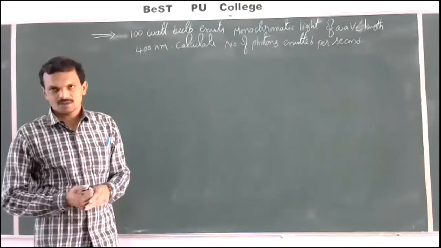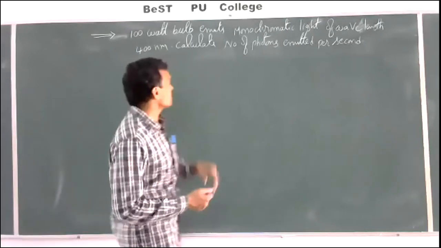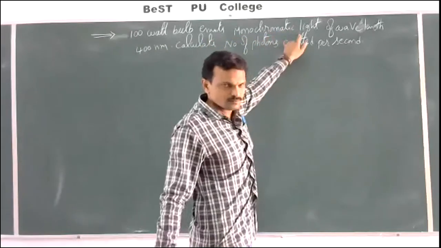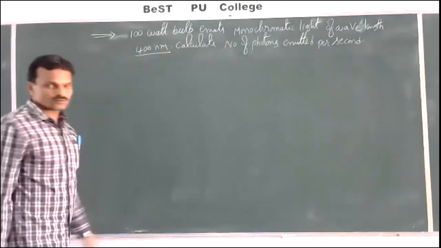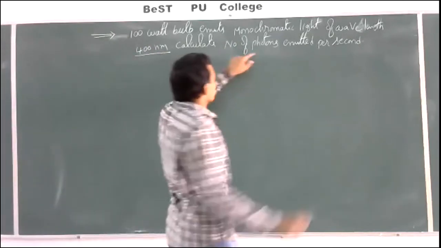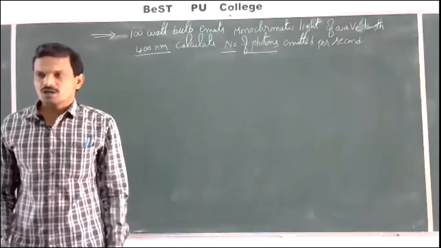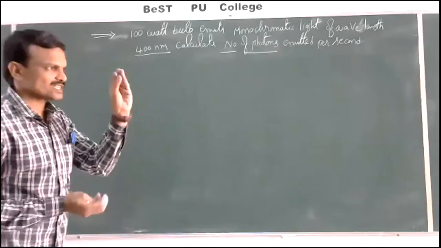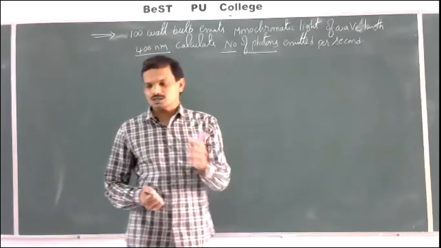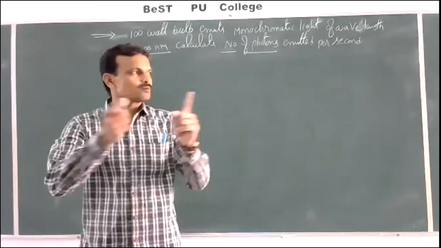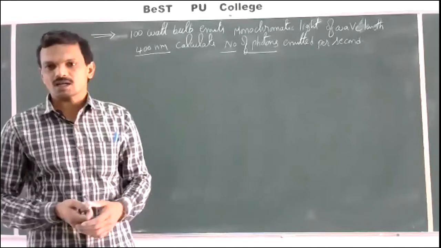The light consists of only one wavelength of photons. That is called monochromatic light of wavelength 400 nanometers. Then calculate the number of photons emitted per second. While solving a problem, first verify what data is given in the question and what is the required quantity. What is the relation between those two? Put the corresponding relation and substitute, you will get the answer.